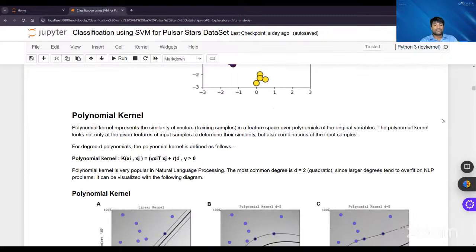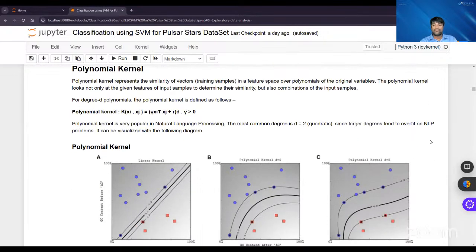Now let us go to the next part, which is the polynomial kernel. You would have heard the word polynomials in mathematical terminology.